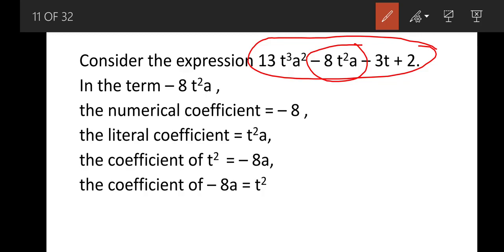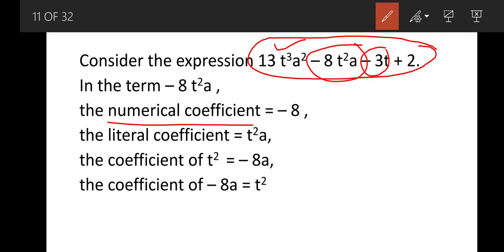In this term, the numerical coefficient is minus 8. Like, if I talk about the first term, 13t cube a square, 13 is the numerical coefficient. If I talk about the term minus 3t, the numerical coefficient is minus 3 and 2 is the constant term obviously.